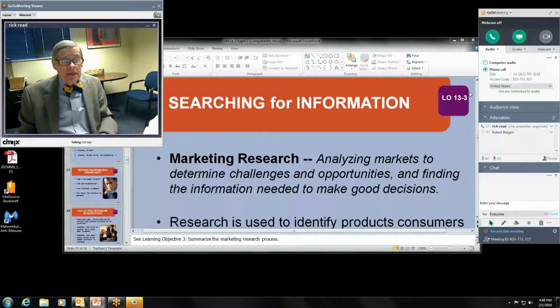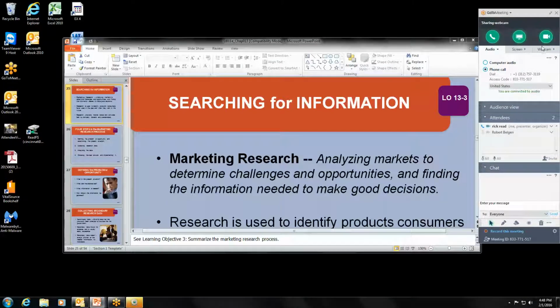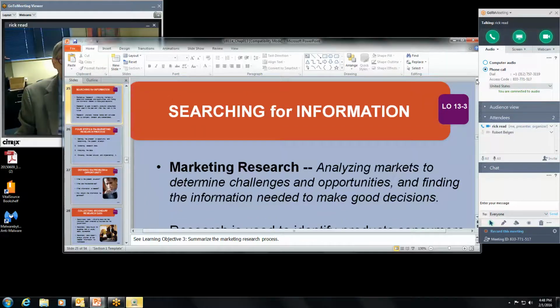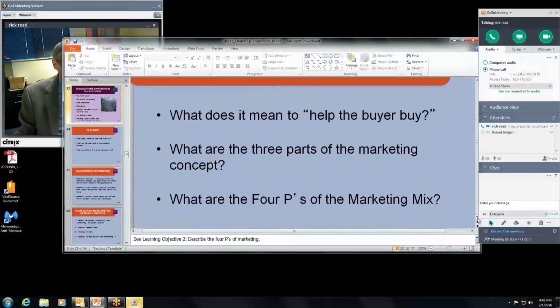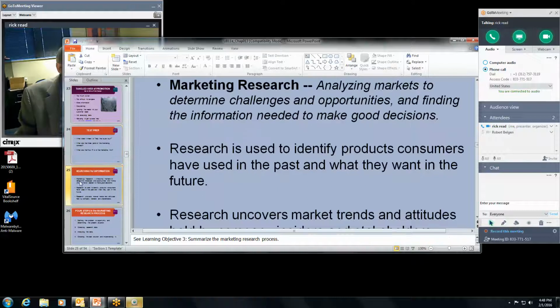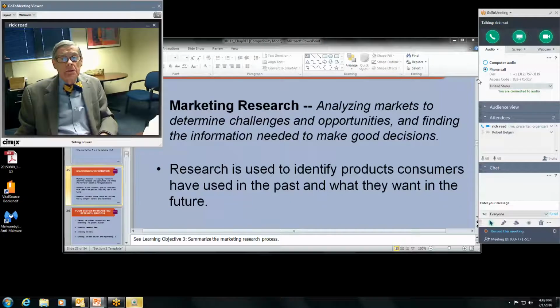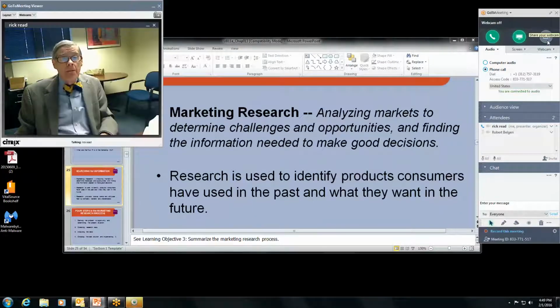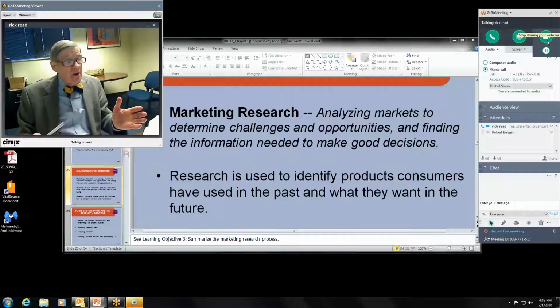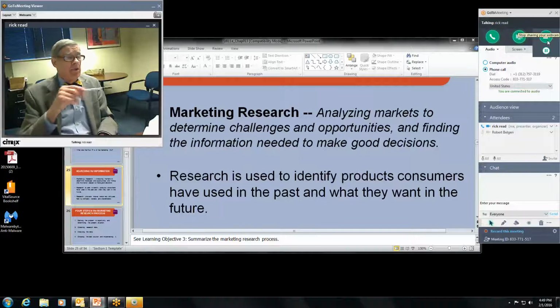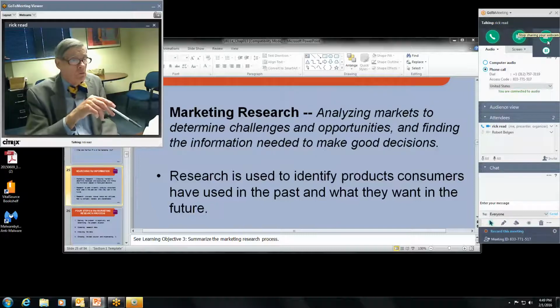One of the things that we have to do in any type of trying to sell a product, any type of marketing, is to, excuse me, my slide went back where I don't want it to go. Let me get out of that. Is to do the appropriate amount of research to find out something about the market in which we're trying to do business. Every market has challenges and opportunities. So we need to find the information that's going to help us unlock the secret, if you will, to being able to penetrate a particular market.